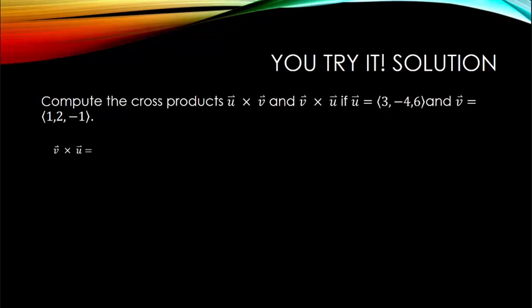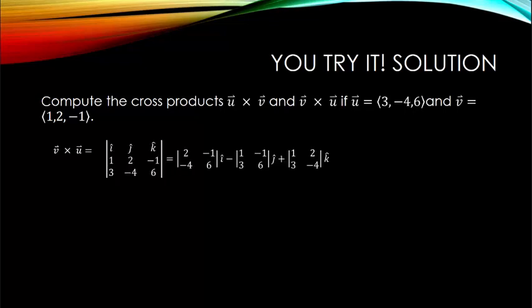To compute the cross product v cross u, I once again construct the determinant of a matrix using these two vectors. The first row is populated with i hat, j hat, k hat. The second row is populated with 1, 2, negative 1. The third row is populated with 3, negative 4, 6.